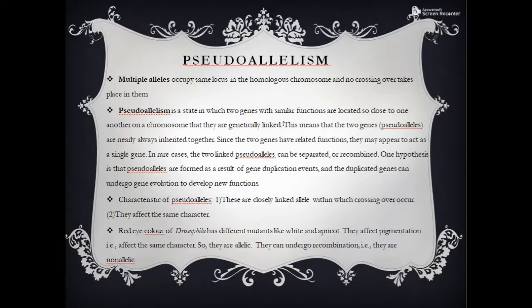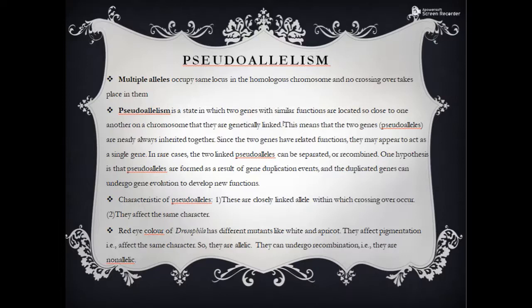An example of pseudoalleles is the red eye color in Drosophila. They have different mutants like white and apricot, and they affect the pigmentation of the eye, and they affect the same character, so they are allelic. But sometimes they could also undergo recombination, and hence they are considered non-allelic.